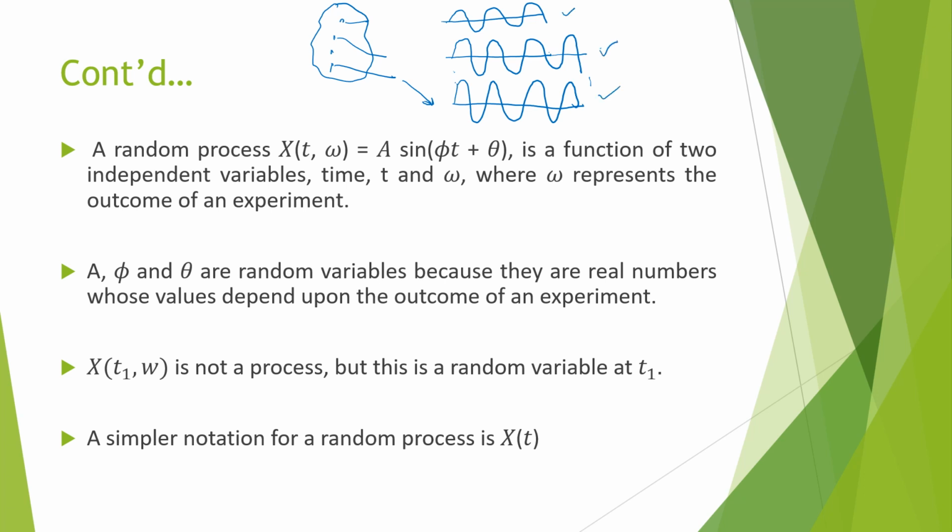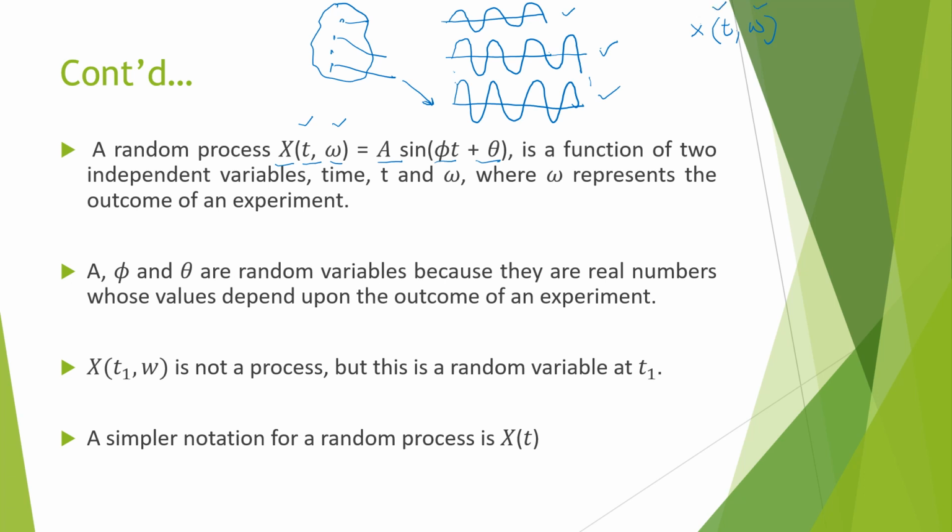And now each one is given as A sin(πt + θ). Now this random process is denoted as X(t, w). Normally the random process is denoted as X(t, w), with two parameters: t indicates time and w indicates the outcome.